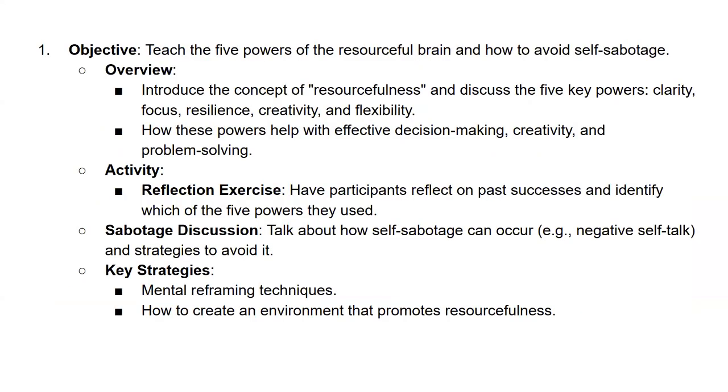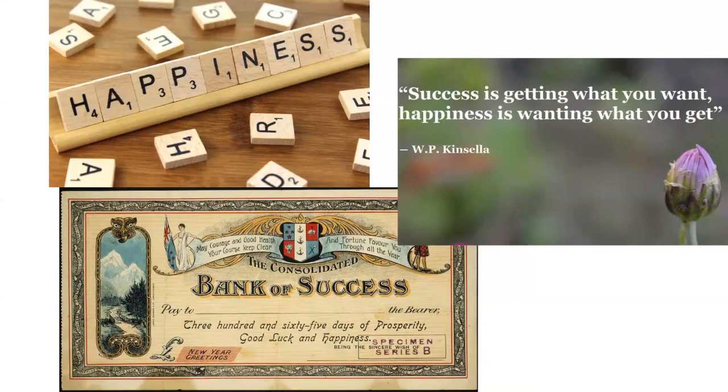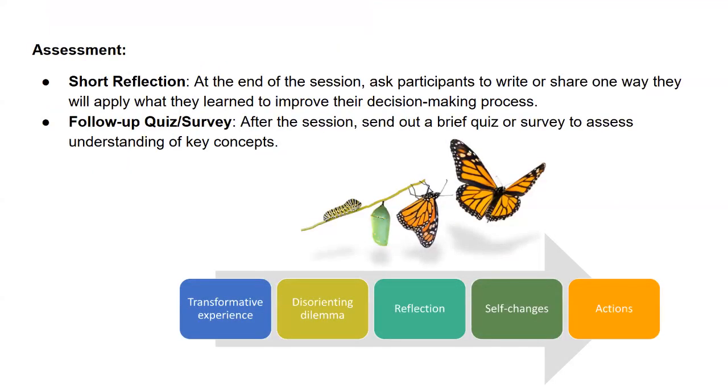There are some objectives and all of the strategies. Then the conclusion would be unleashing the resourceful brain. And then I just put happiness, success, and cute little quotes and things in there. That would be basically the end. And if you wanted to do some sort of assessment, you could.